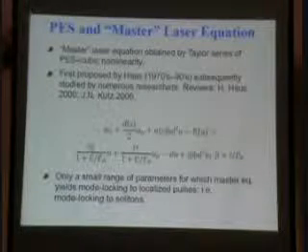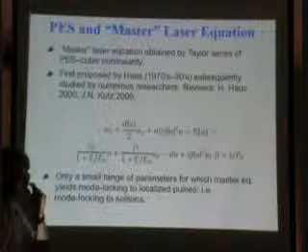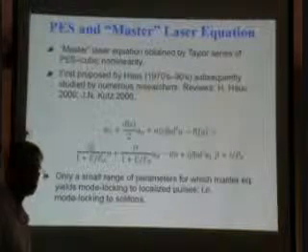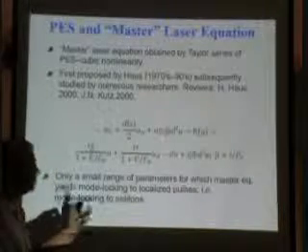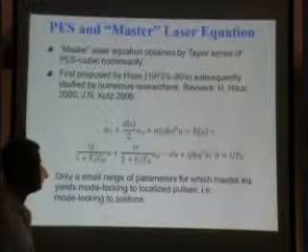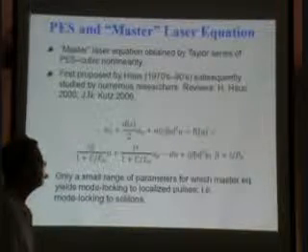But you don't find mode locking for a reasonable range of parameters, only a very narrow range of parameters. So we didn't use this equation because it doesn't really explain the mode locking that they find almost all the time. So let me go to the conclusion.